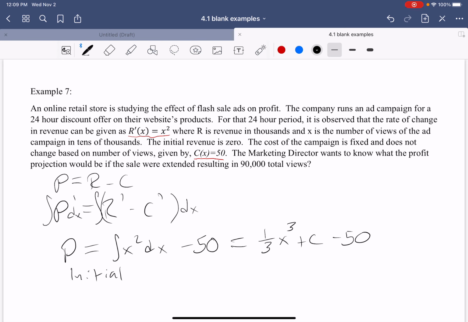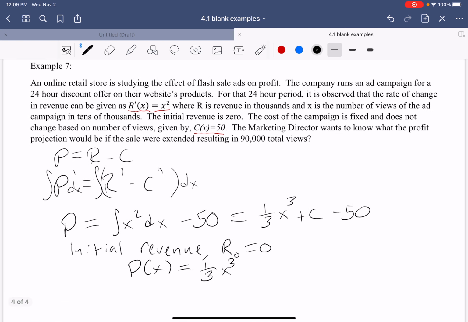Now it's inherent that initial revenue, which we could call R0, is 0. So the profit function is 1/3 x cubed minus 50.